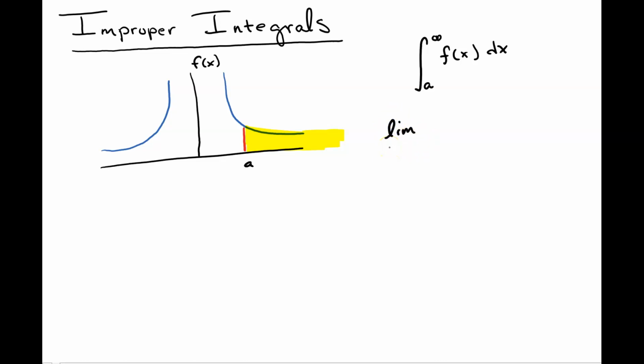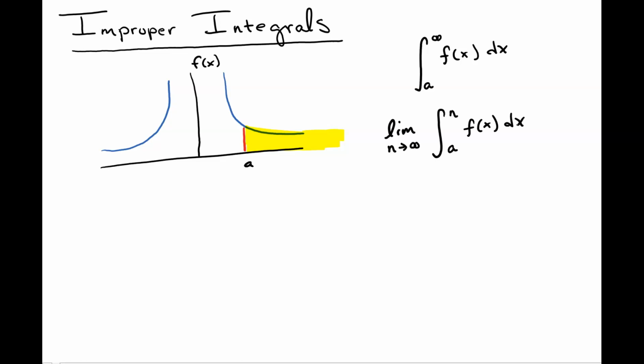So suppose we say, let's just assume n is infinity. So let's say the limit as n goes to infinity of the integral from a to n of f of x dx. Then we would just integrate this function the way that we normally know how to.